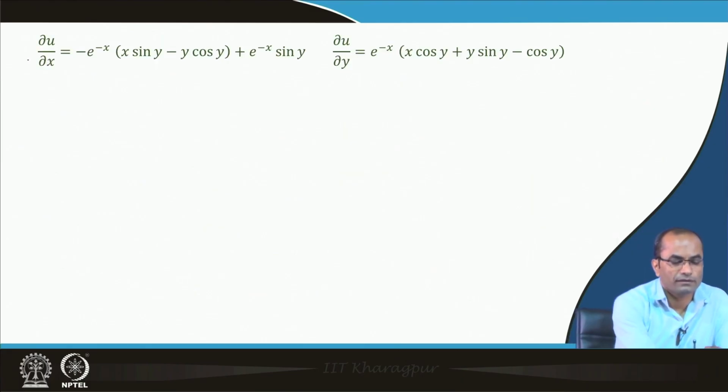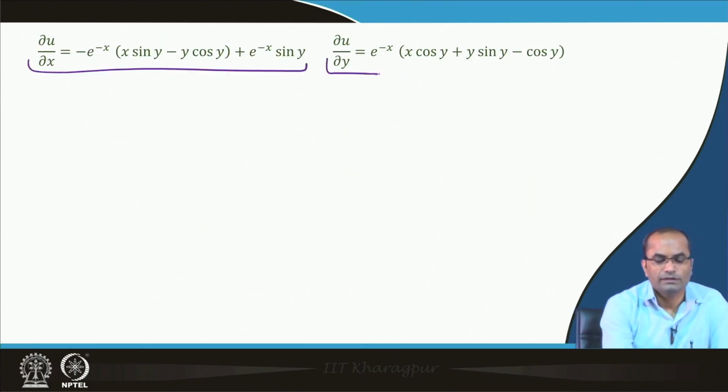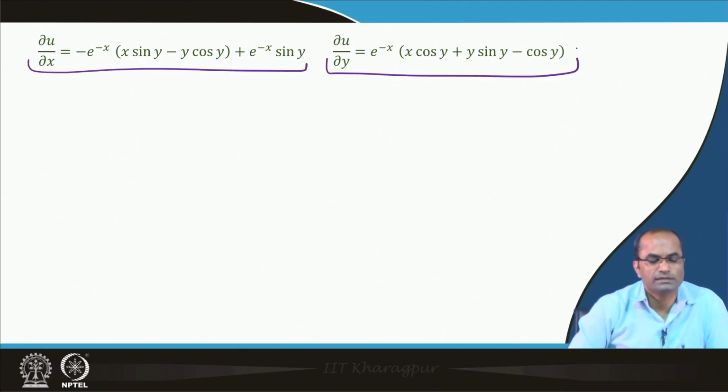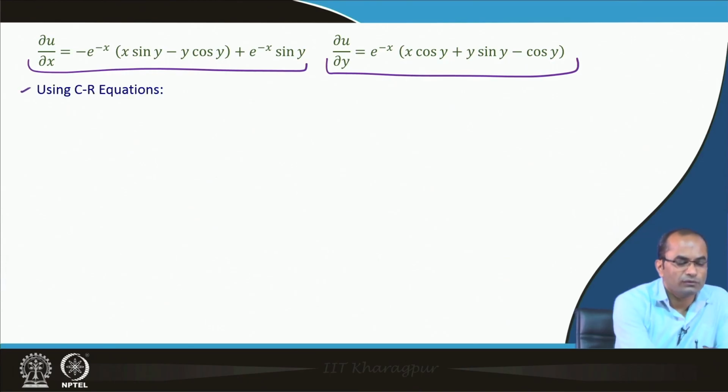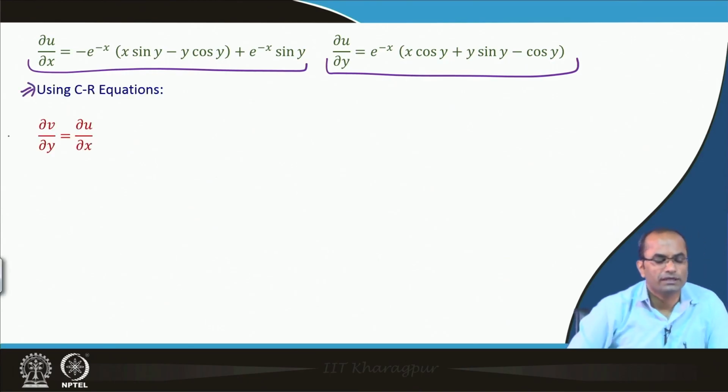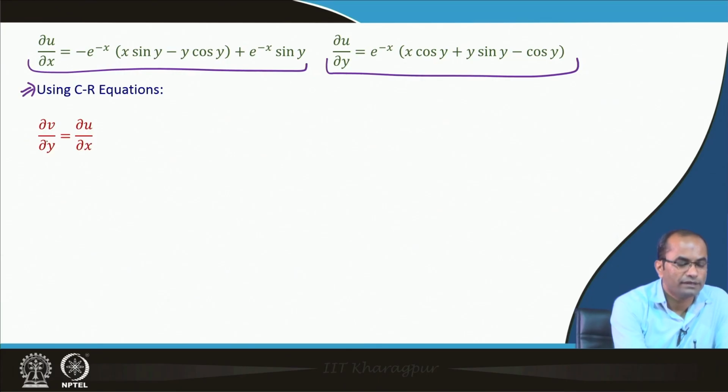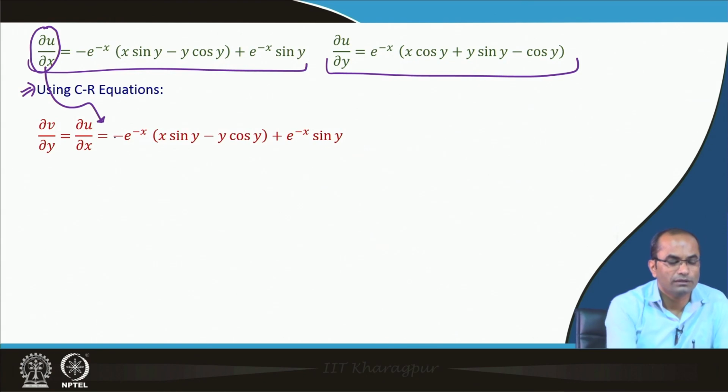From the previous slide we have these two first order derivatives u_x and u_y. Using the CR equations, we know that del v over del y is equal to del u over del x. This del u over del x is given already there. So, we can set this equal to e to the power minus x, x sin y minus y cos y, and e to the power minus x sin y, exactly as coming from the given relation.